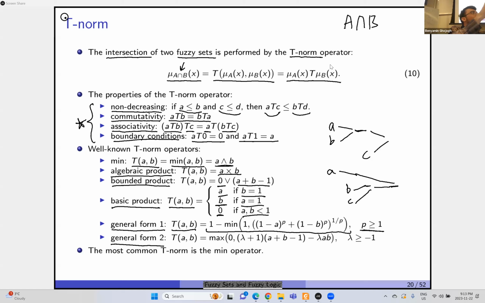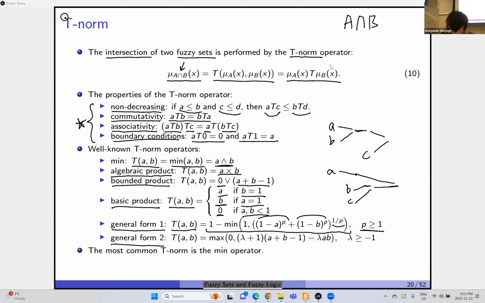Half to the power 4 is 1 over 16. Half to the power 2 is 1 over 4. Is again between 0 and 1. Right? So this is between 0 and 1. This is also between 0 and 1. Their summation depends on P, but in the worst case it can be between 0 and 2, but it will never be, because when you take to the power P, it becomes a very small number.